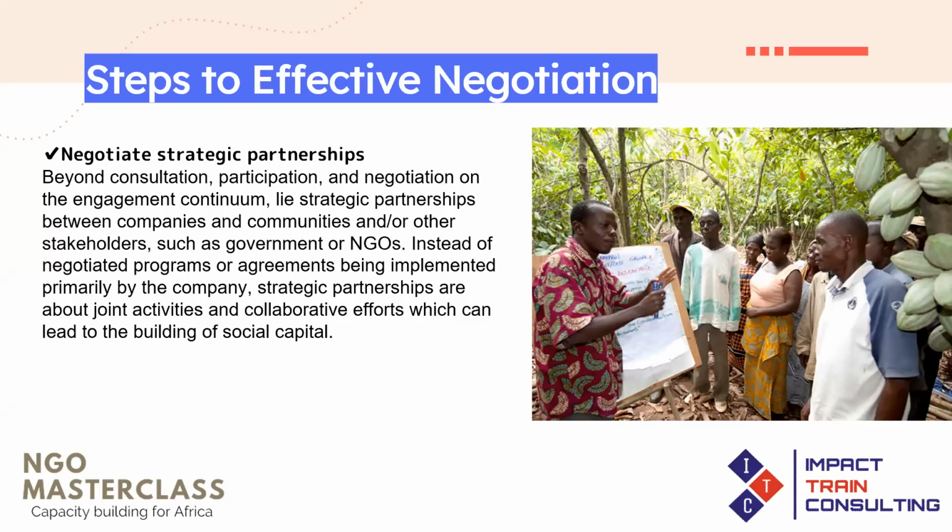And we also need to negotiate strategic partnerships. Strategic partnerships are very critical. During negotiation, we should try to build partnerships with communities, try to build partnerships with our stakeholders, okay?